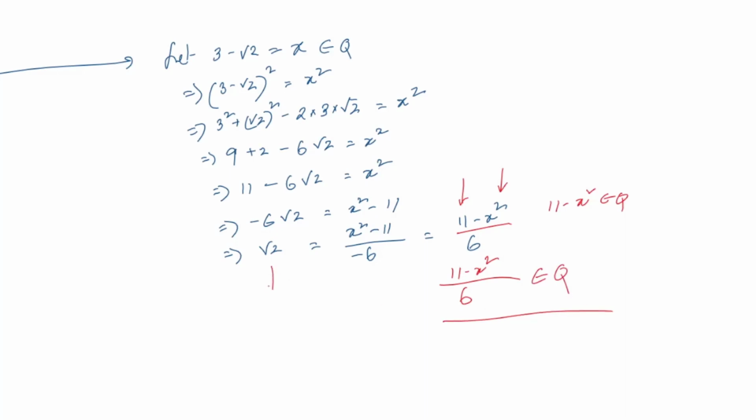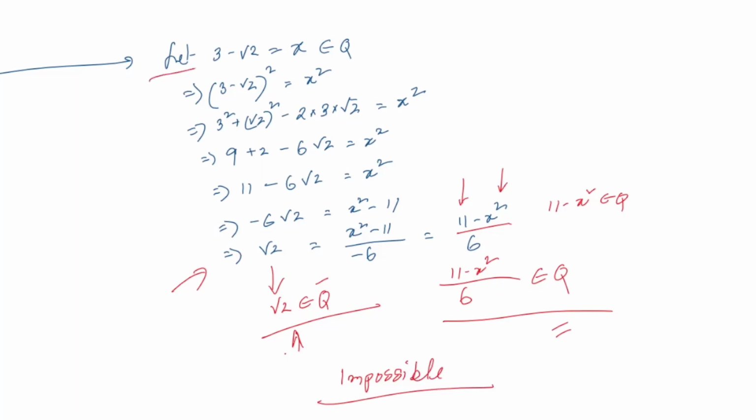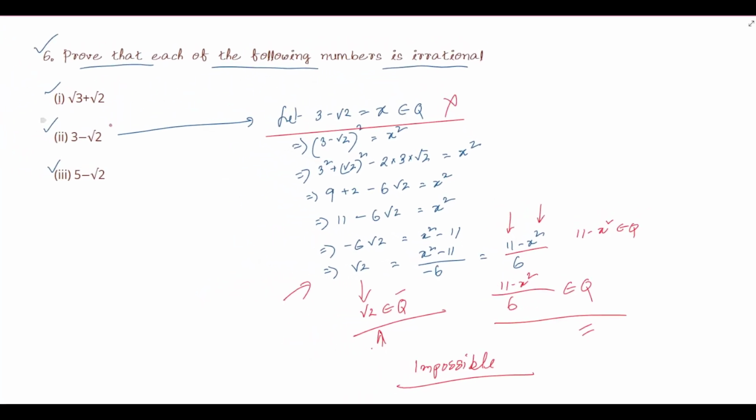But on the left hand side, root 2 is an irrational number. So on the left hand side we get an irrational number which is equal to a rational number, and which is impossible. We got this impossible thing because we assumed that 3 minus root 2 is equal to x, a rational number, which is not true. So this is the proof that 3 minus root 2 is an irrational number. Similarly, we can prove it for all the problems here.